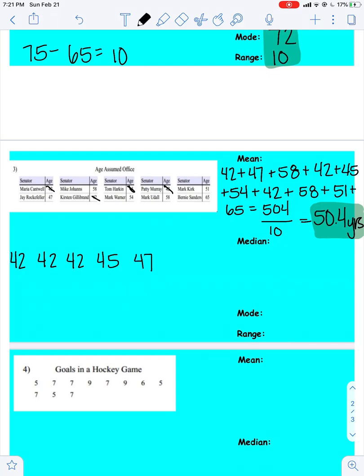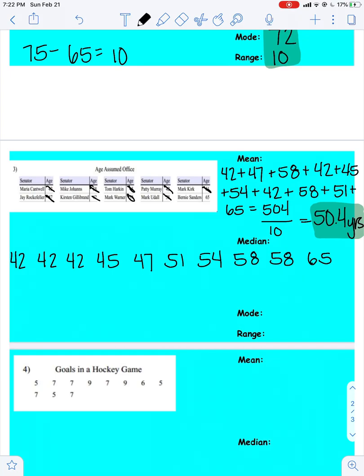Then we have 47. Then we have 51. And then we have 54. And then we have 58 twice. And then we have 65.